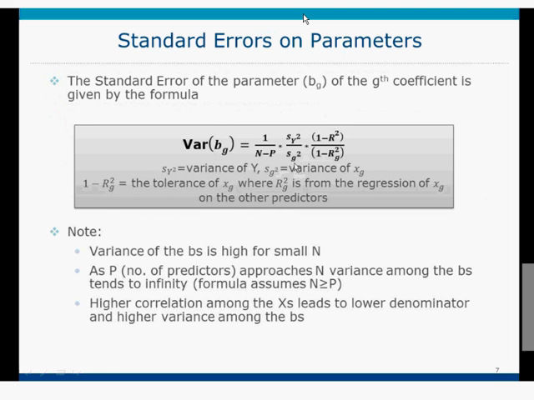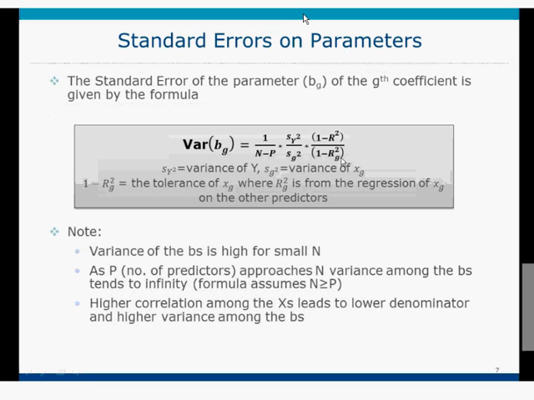Okay, before getting into an example, let's look at this formula here, which is the variance of a particular regression coefficient, the regression coefficient for the gth predictor. Notice this term, 1 minus r squared sub g. That is the tolerance of x sub g.